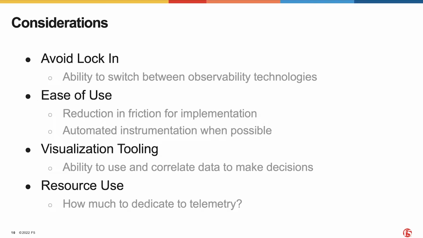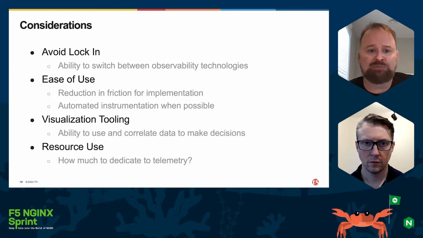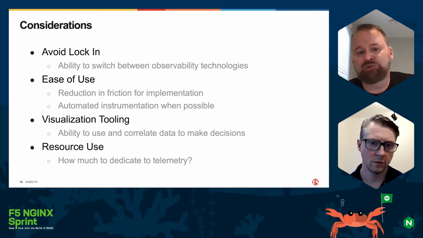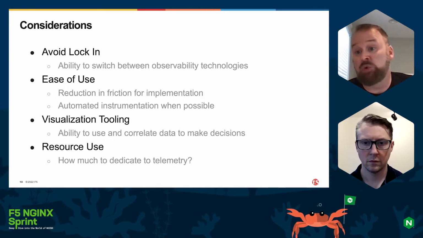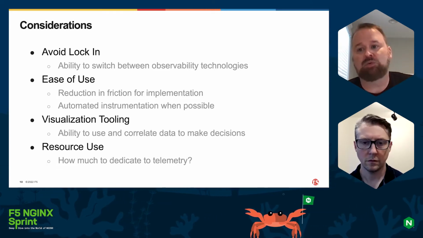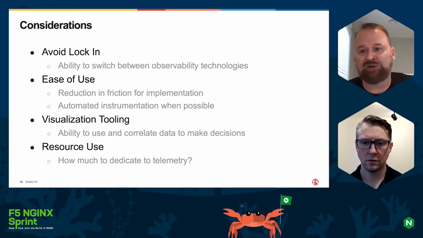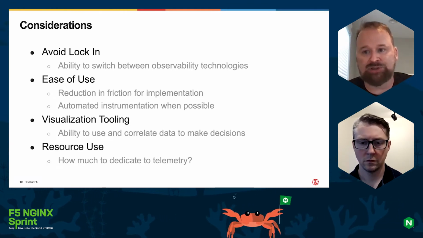If we can go with an open protocol, that really improves our ability to make changes down the road. So avoiding lock-in was important. We wanted ease of use, so reduction of friction for implementation. If we could do things automatically, we want to do that versus having to go in and code things ourselves.